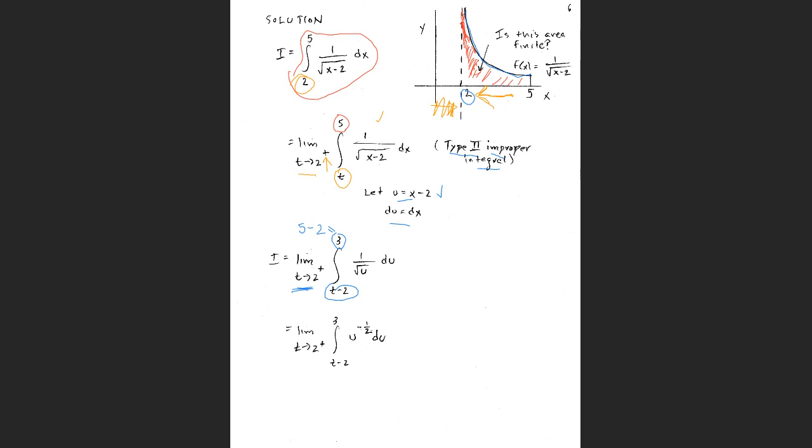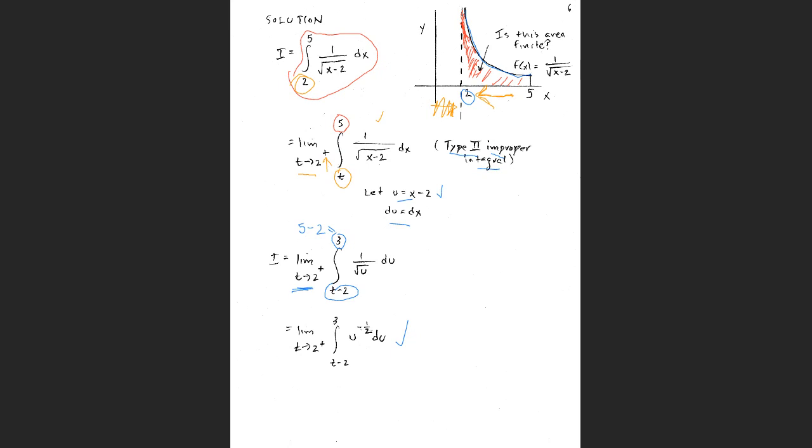Okay. So we get down to here. Please let me know if you have any questions. Yes, Jonathan. Why can't we just say that the bottom limit is 0? Well, because the bottom limit is t here.